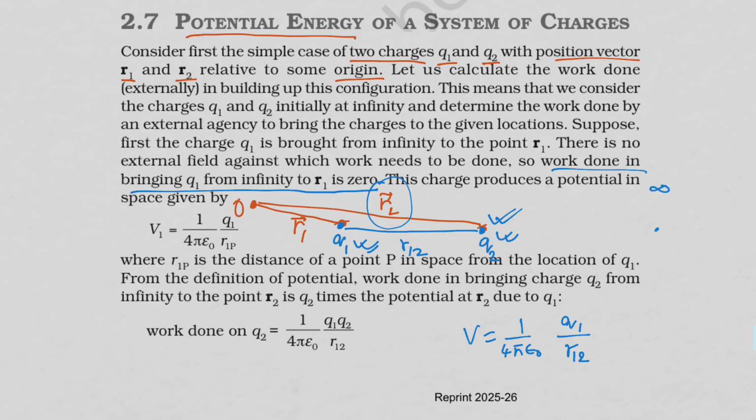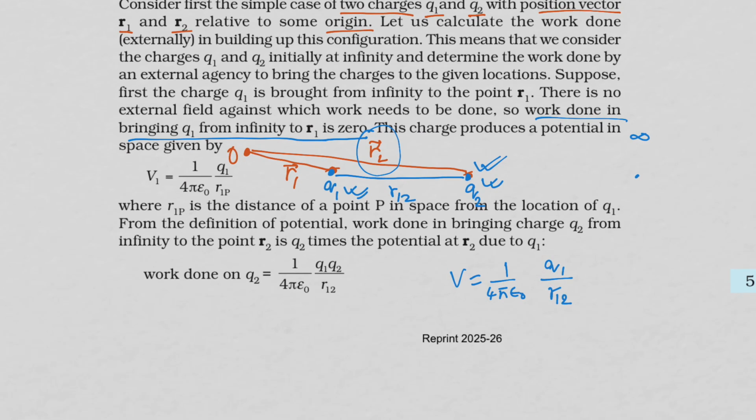Now we can simply apply the work done formula. The work done on this charge Q2 is Q2 multiplied by the potential, which equals 1 upon 4 pi epsilon naught Q1 Q2 by R12.